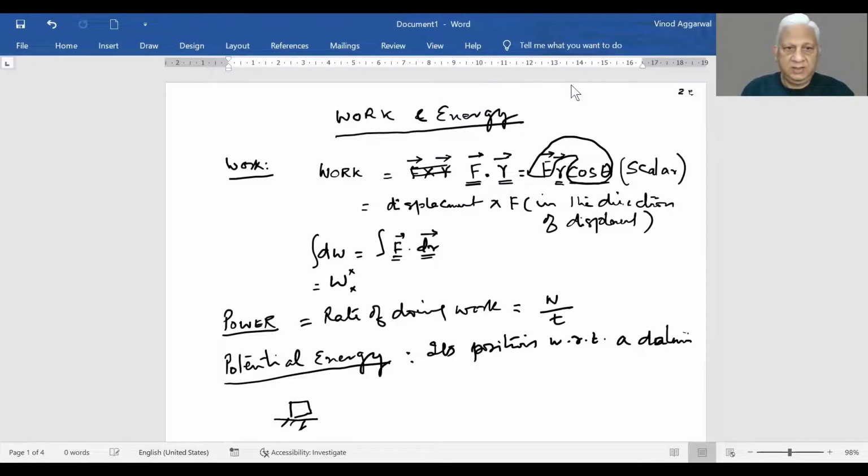There is some object lying here. And if you lift it, bring it to this position, let us say by a height of h, you have spent some effort in lifting from here to here. Where does that effort go? This effort gets stored into the potential energy of this object, which is purely because of its position with respect to a datum. In this case, it is ground.